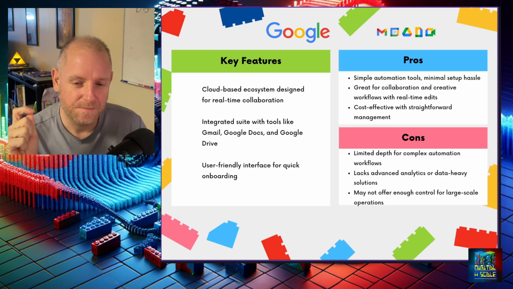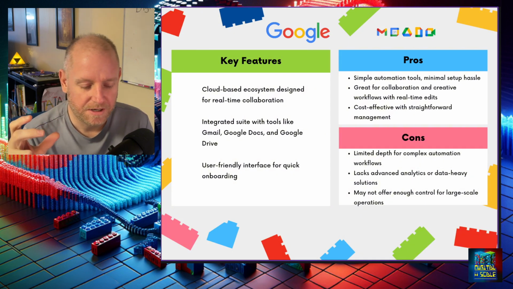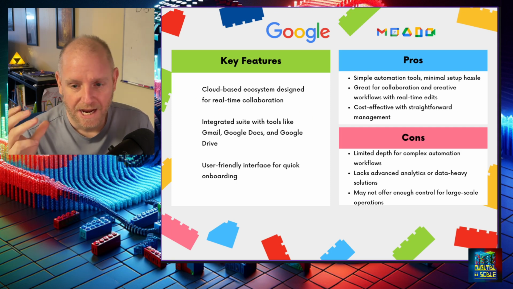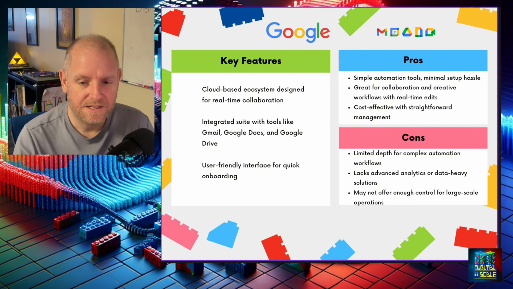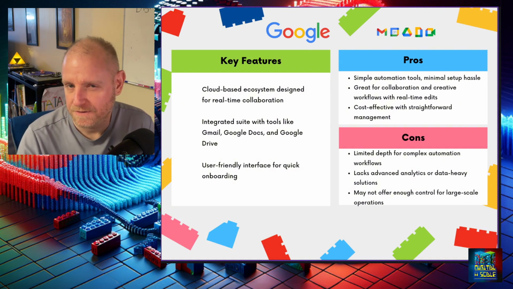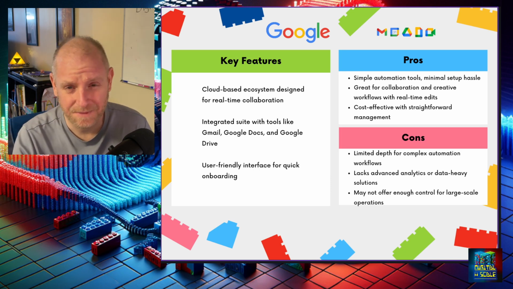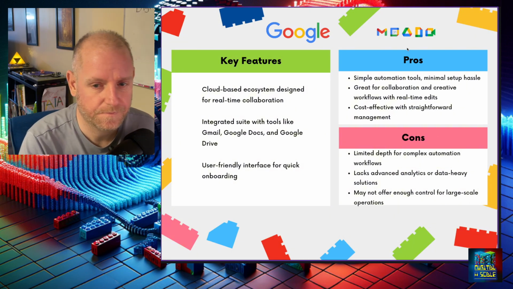They'll also lack some of the advanced analytics, and basically things that I've been realizing and researching about Microsoft products is around their data governance, and let's face it, Microsoft's been doing that, and Google's just not there yet. And I would say there's maybe not enough control for operations, although I've worked at a company that runs off Google products.